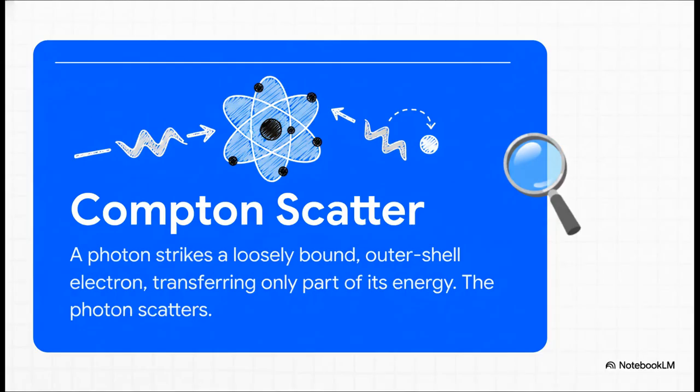Okay, so unlike the photoelectric effect, which targets those tightly bound inner electrons, Compton scatter happens when a photon hits a loosely bound outer shell electron. These guys are so far from the nucleus that their binding energy is pretty much zero. They're basically free agents. So in this interaction, the photon doesn't give up all its energy. Now, it just gives a portion of its energy to the electron, knocking it out of orbit. And then the original photon, which now has less energy, ricochets off in a completely new direction.